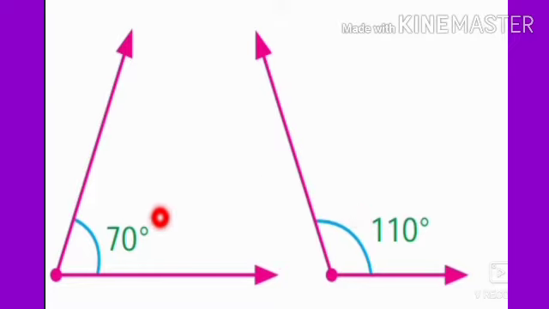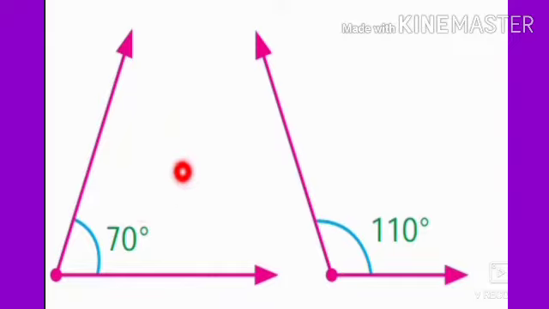When two angles are supplementary, each angle is said to be the supplement of the other. Here, 70 degree is supplement of 110 degree and 110 degree is supplement of the angle 70 degree.